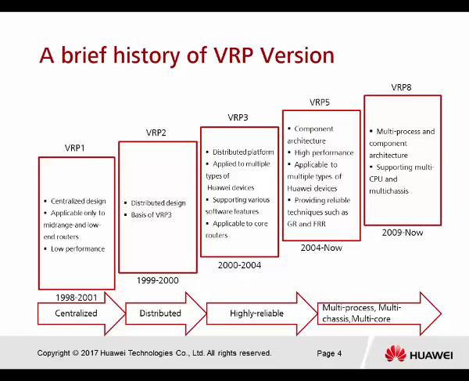It is applicable to multiple types of Huawei devices, providing reliable technologies such as GR and FRR. The difference with VRP 8 is that it supports multi-process and the component architecture, for when you have multiple CPUs and multi-chassis.